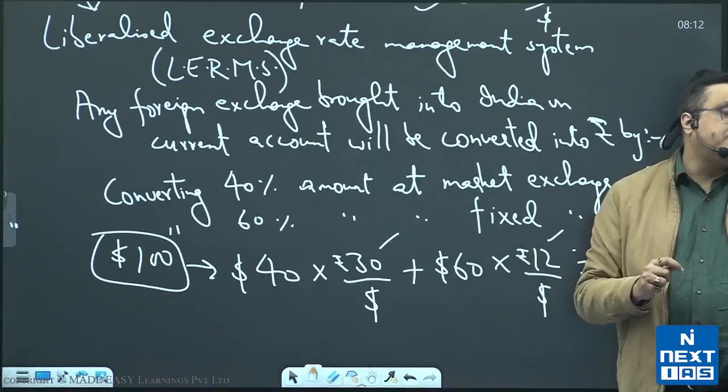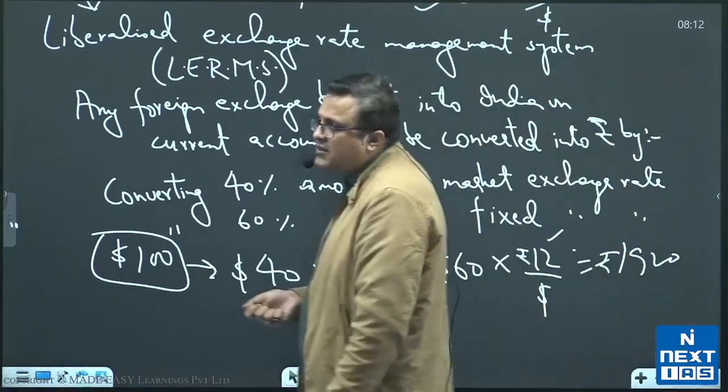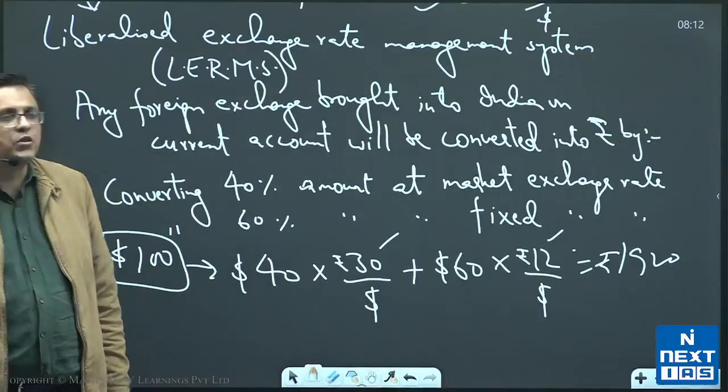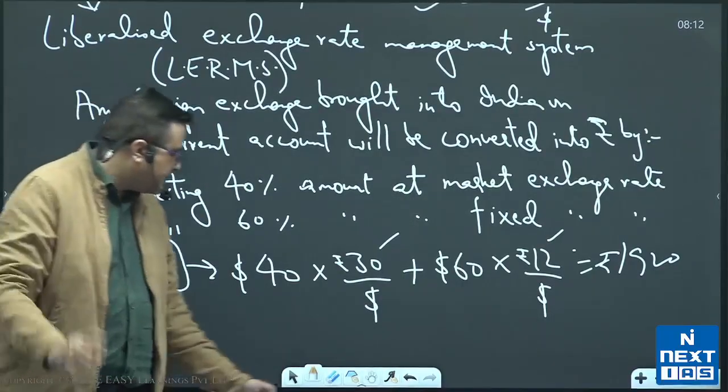This experiment worked wonderfully well for India because within a couple of years it was realized that it was transitioning very smoothly and there was no fluctuations in the foreign exchange market.